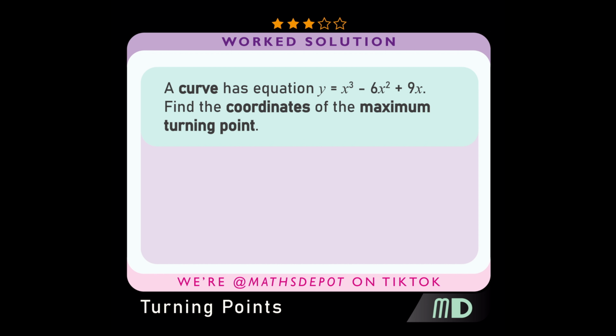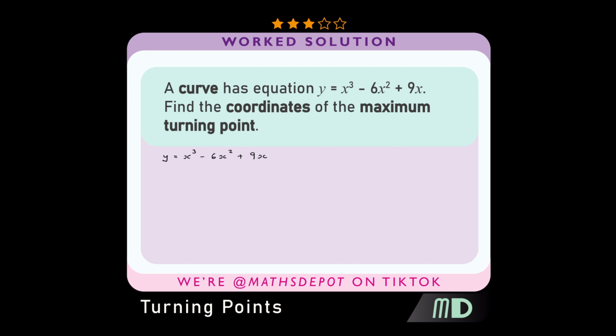We've been given the equation y equal to x cubed minus 6x squared plus 9x. We need to differentiate this equation once to find the x value of its stationary points, and again to find the nature of those points.